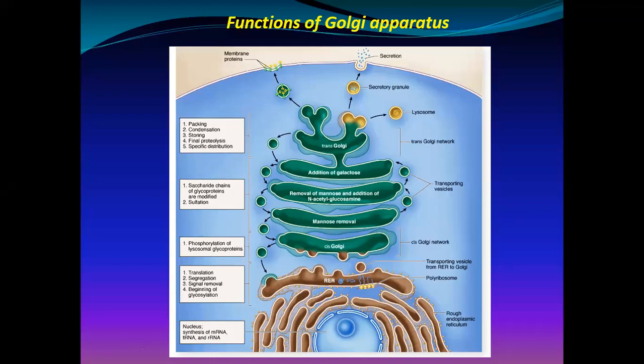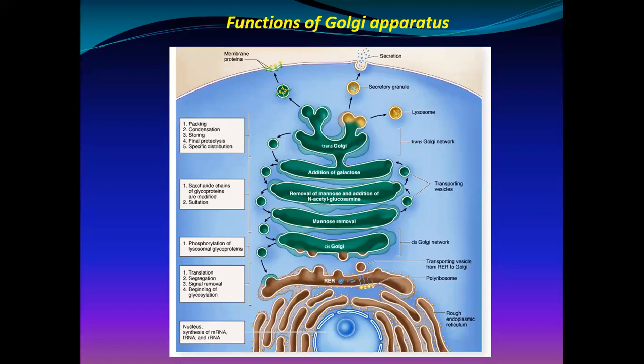At the same time, from the Golgi apparatus, vesicles can also be transported back to the RER. One is called anterograde transport, from here to here, and retrograde from there to here. There are two types of coating proteins, coat protein 2 and coat protein 1, that control anterograde and retrograde transport. Anterograde transport is from RER to Golgi.